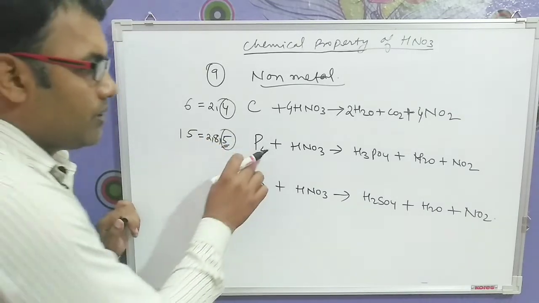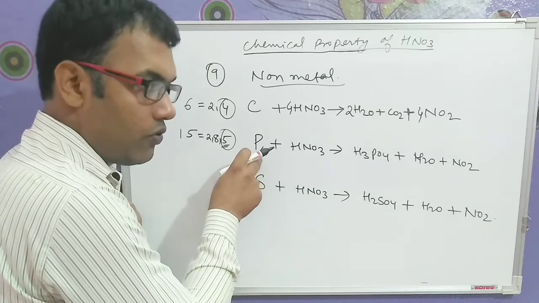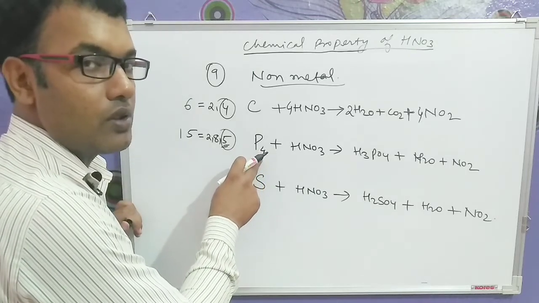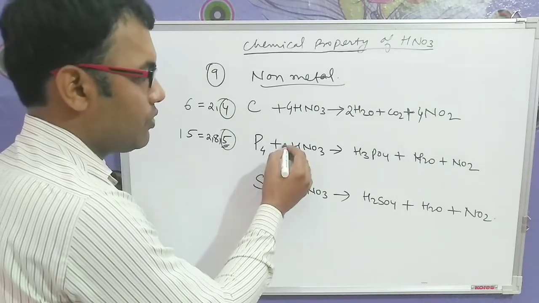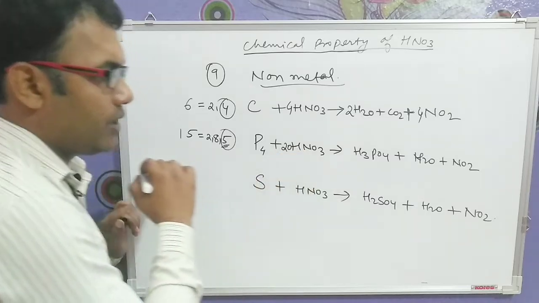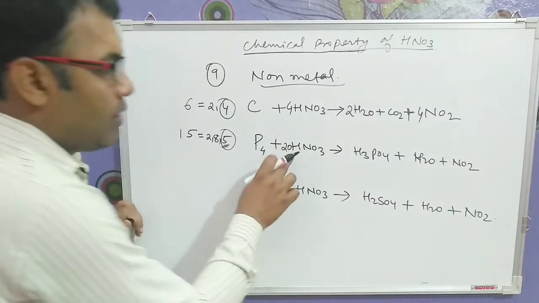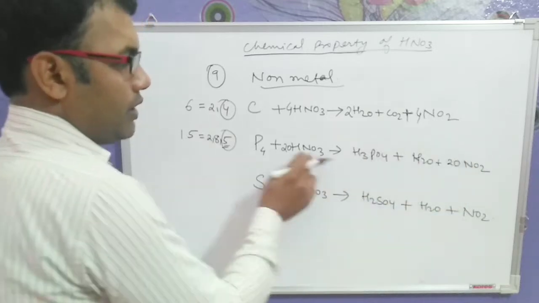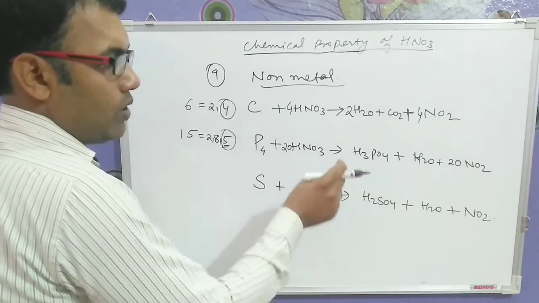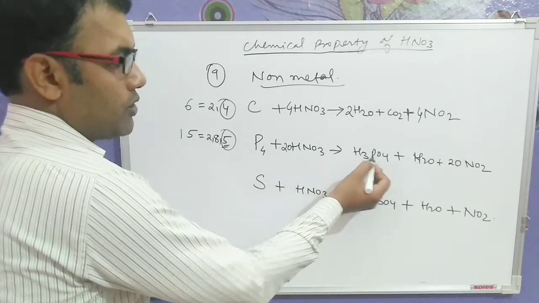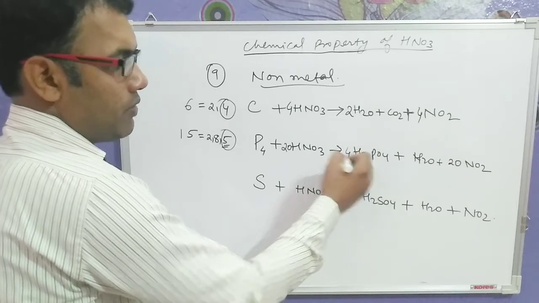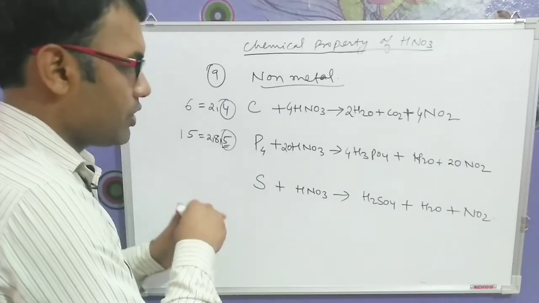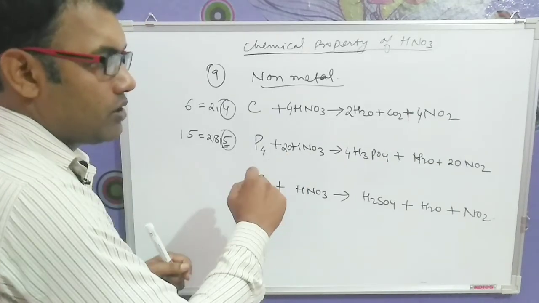So in 4 you multiply with 5. So what is the number? 5 4s are 20. So you multiply here with 20. Are you getting this? Now here nitrogen is 20, here also nitrogen is 20. Now what you will be doing? Phosphorus is 4, here you will multiply with 4. So phosphorus is balanced, your nitrogen is also balanced.